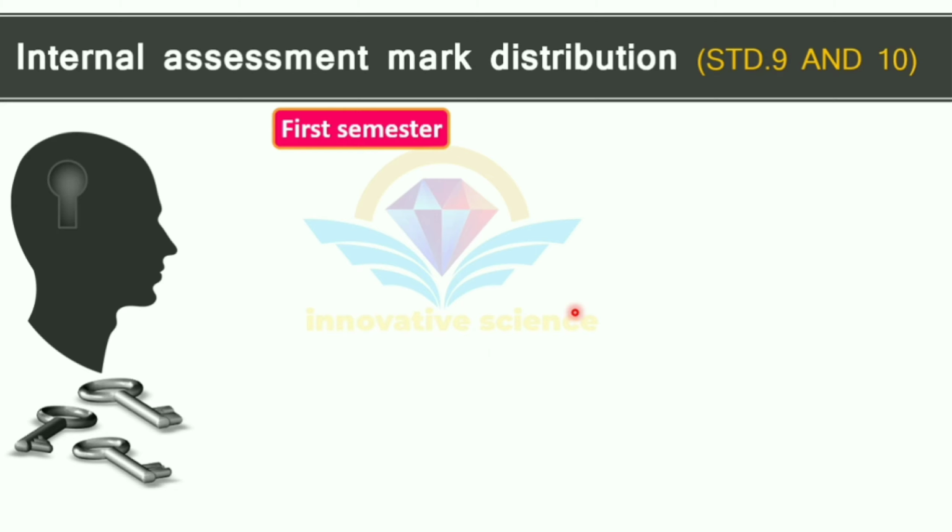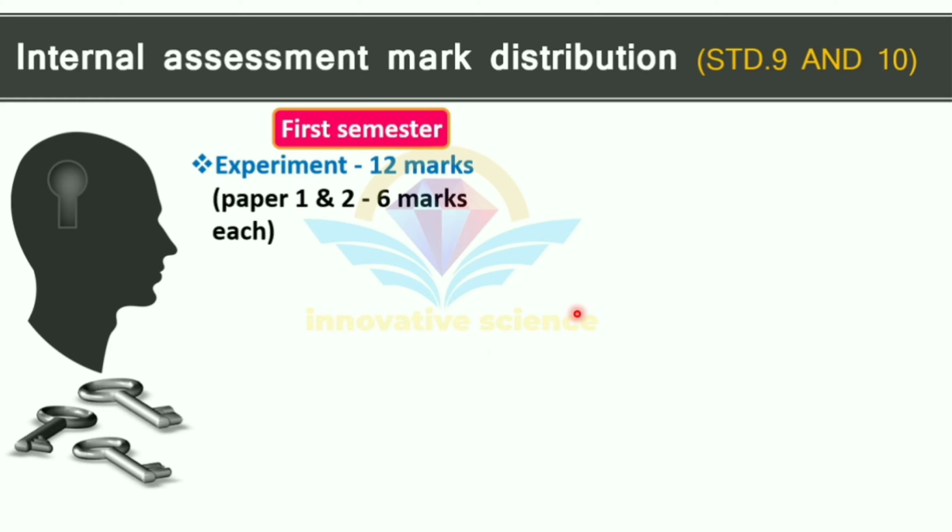For the first semester, you have to do 2 experiments, that is, 1 experiment for Part 1 and 1 experiment for Part 2. Each experiment has 6 marks. So, total 12 marks for performing experiments in the first term.